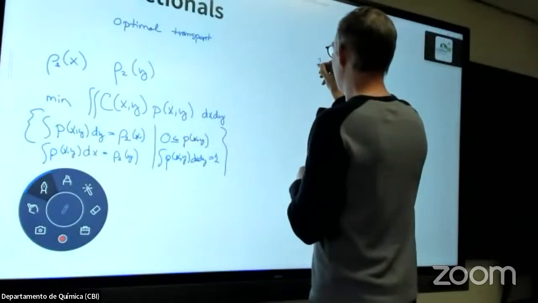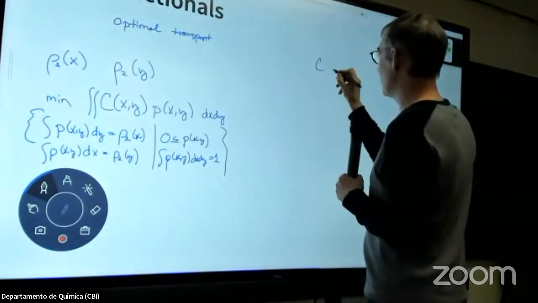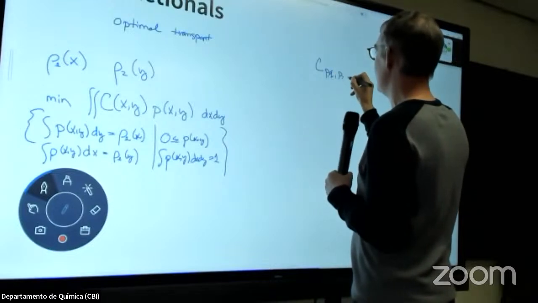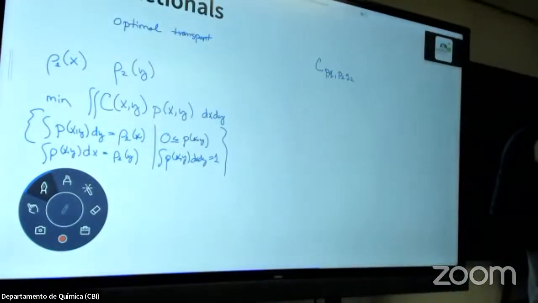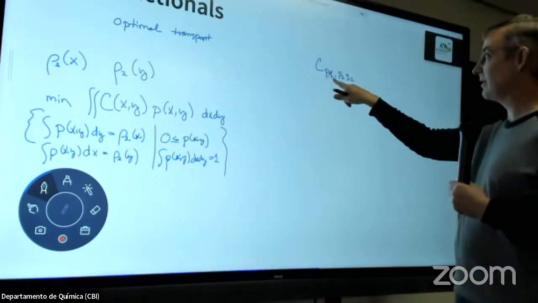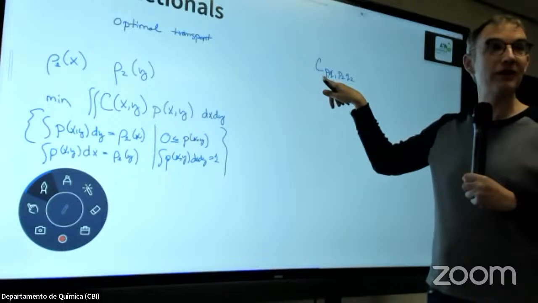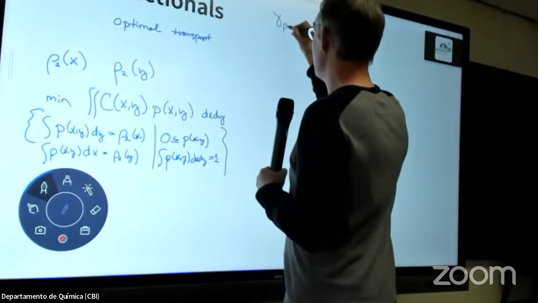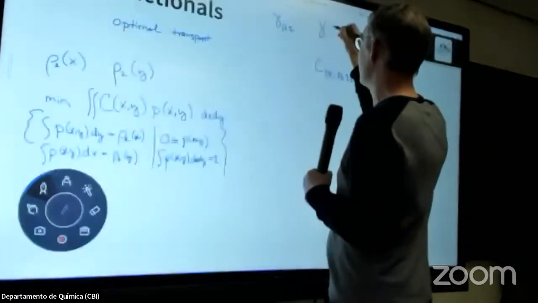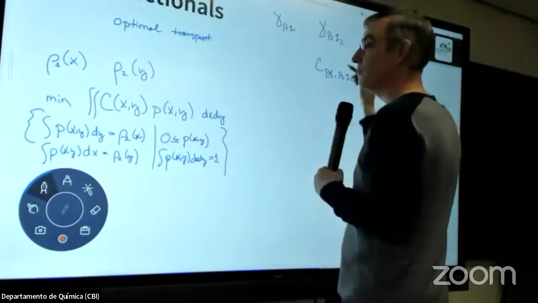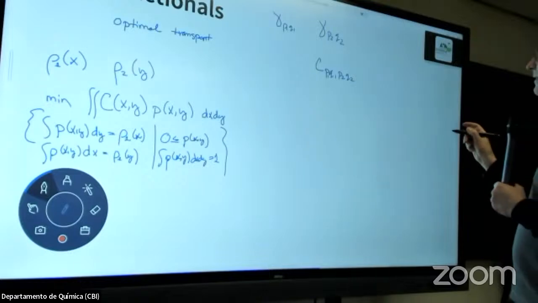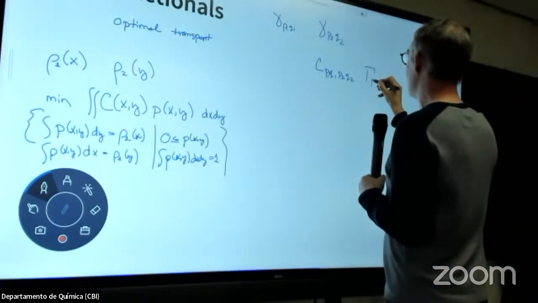So what we're going to have is some cost. It's going to have two indices. It has P1, Q1 going to P2, Q2, okay? That's our cost matrix, right? Just because every variable before, I replace with a matrix. So there's gamma of P1, Q1, and then I have gamma of P2, Q2 coming out on the other side, okay? Now I have to put in something that's going to depend on all of these variables.